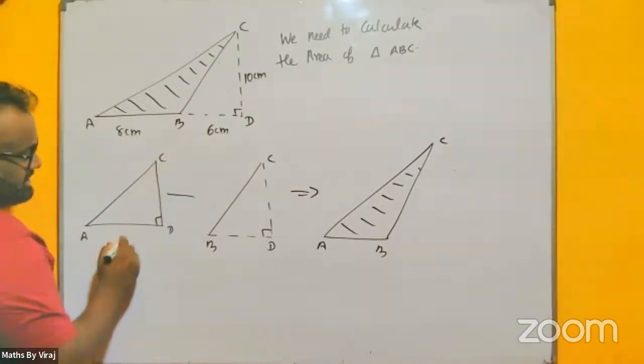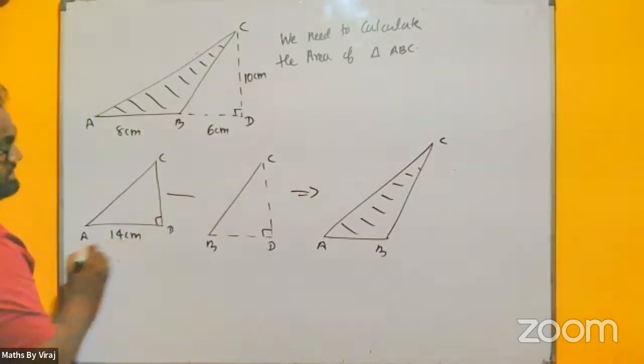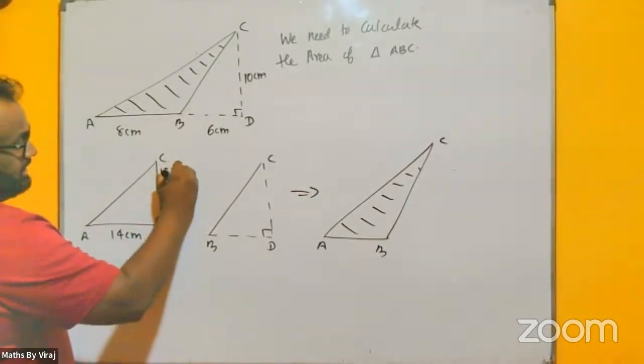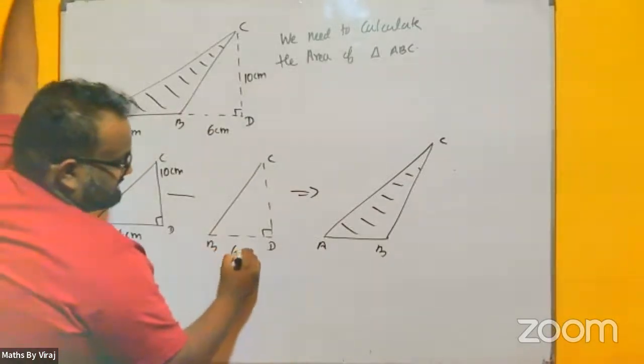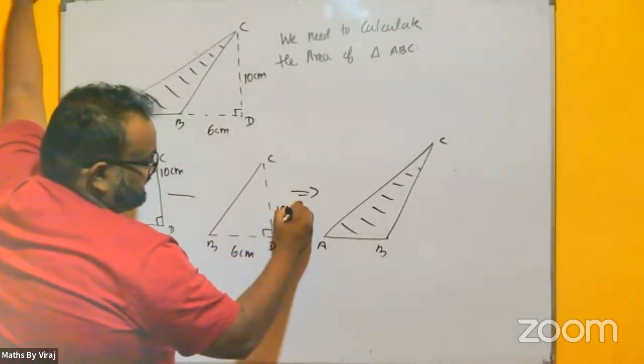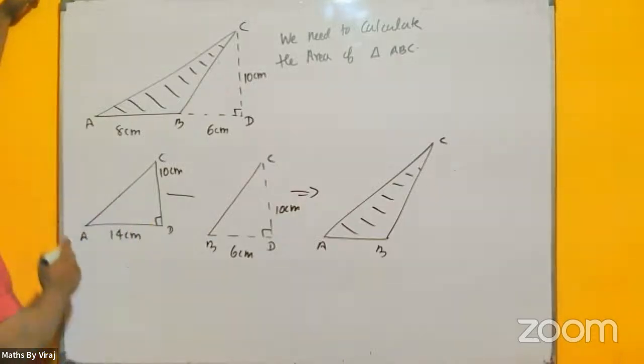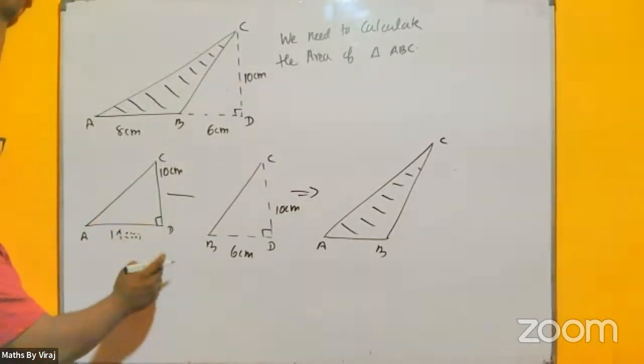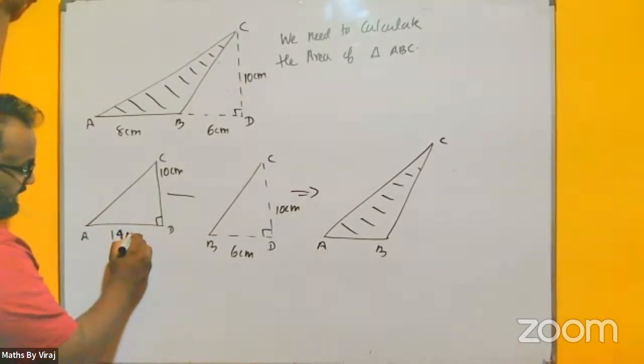What is the length AD? 8 centimeters plus 6 centimeters, 14 centimeters. CD is 10 centimeters. So what is the area of this now? We have the base and we have the height.